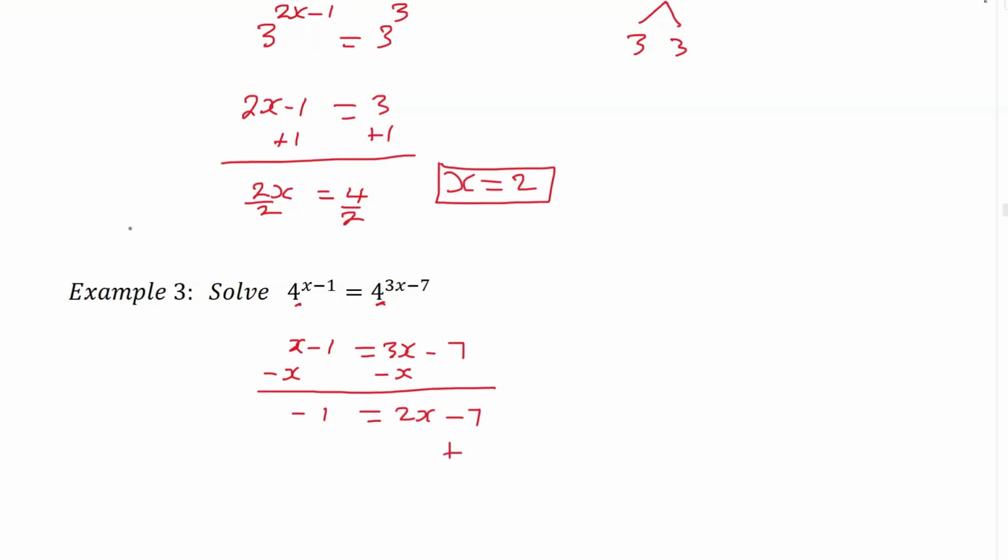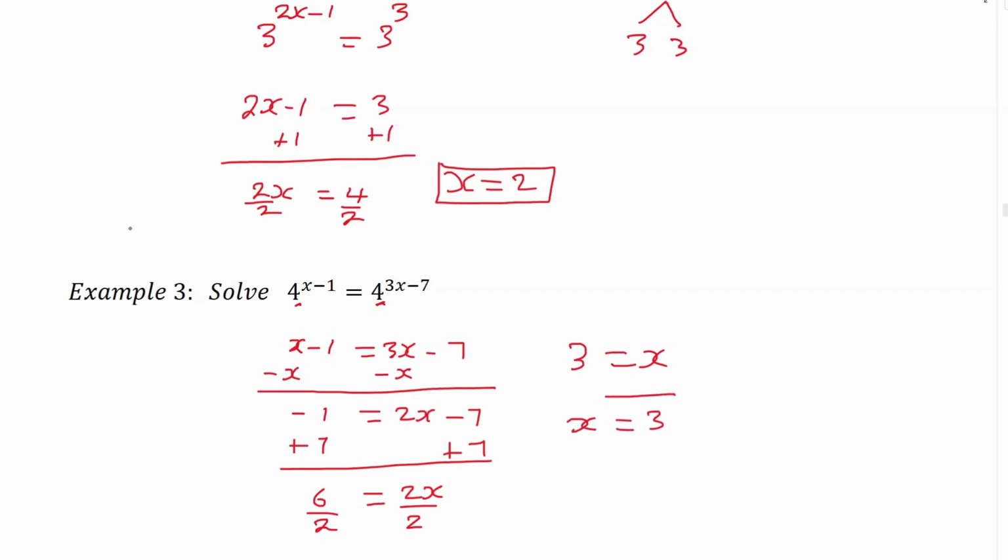So now you add 7, so what you have is 2x is equal to 6, right? Negative 1 plus 7 is 6. So now you divide both sides by 2, and this will say then 3 is equal to x, or x is equal to 3 if you write it that way. So the solution for this equation is that x is equal to 3.